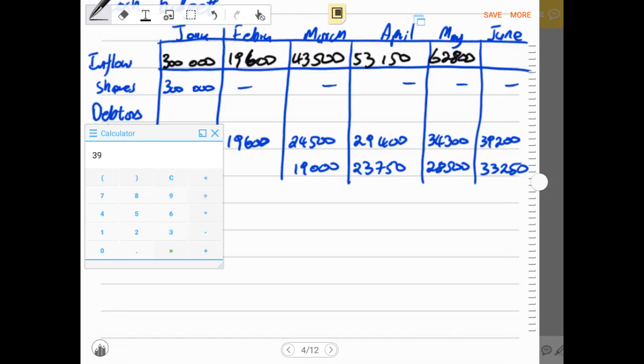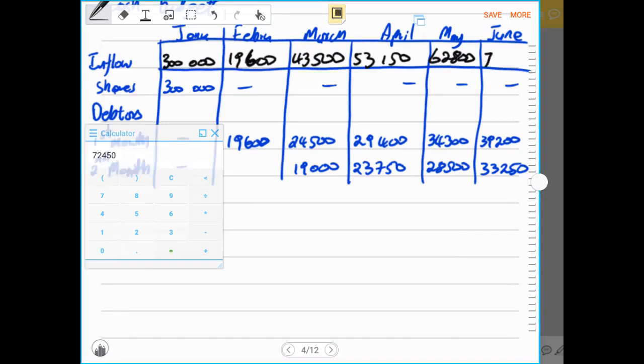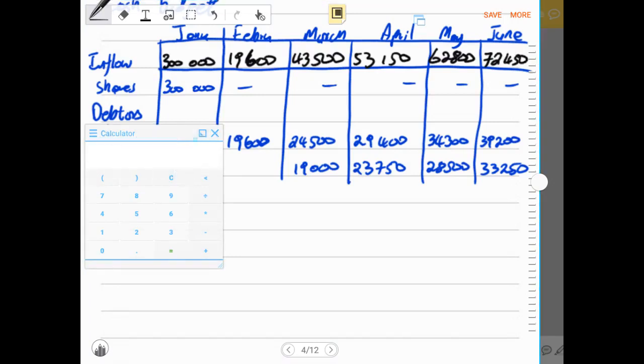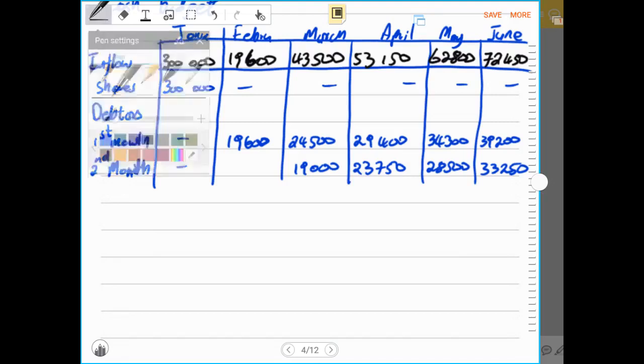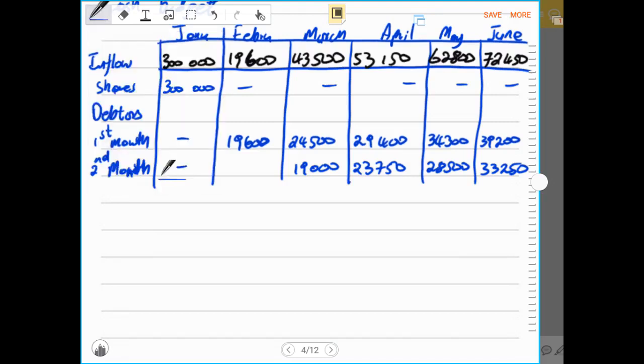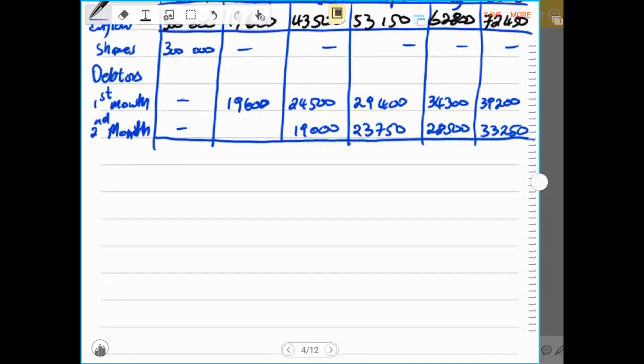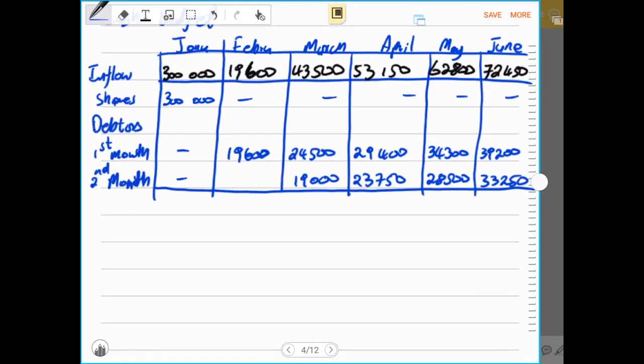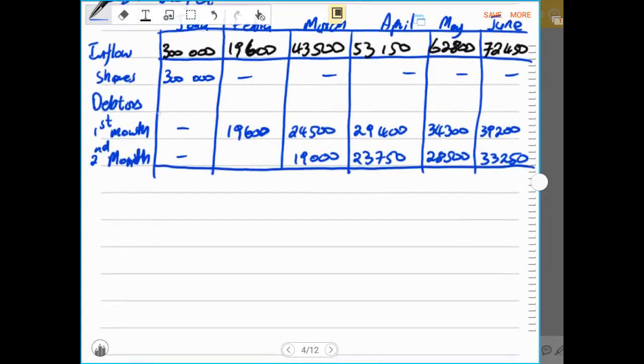Then this is 39,200 plus 33,250, and this gives me 72,450. I hope, guys, you will understand all these calculations. It's quite a long calculation, but I try to simplify everything so that when you see the solution you understand. But after you have listened to this audio, you'll definitely be fine with everything.